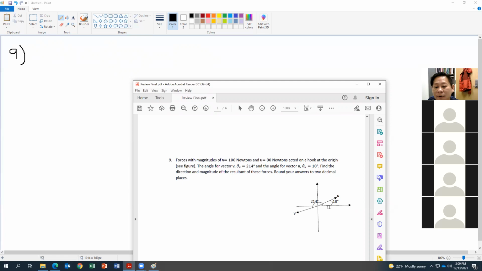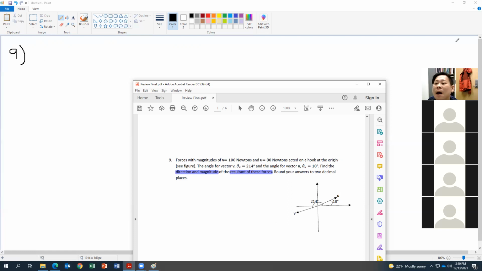The angle for vector U is 18 degrees, and the angle for vector V is 214 degrees. This question wants you to find the direction and the magnitude of the resulting force. First you have to find the resulting force, then you find the direction and magnitude. Before you find the resulting force, you have to put vector U and V in component form.